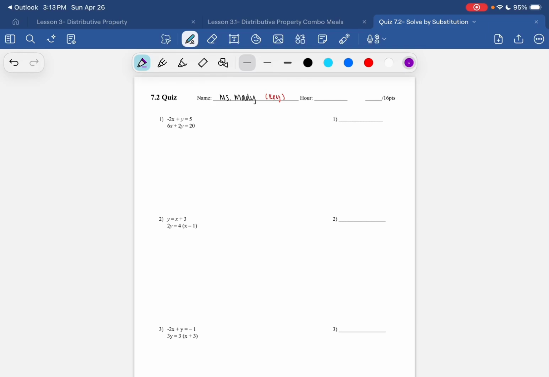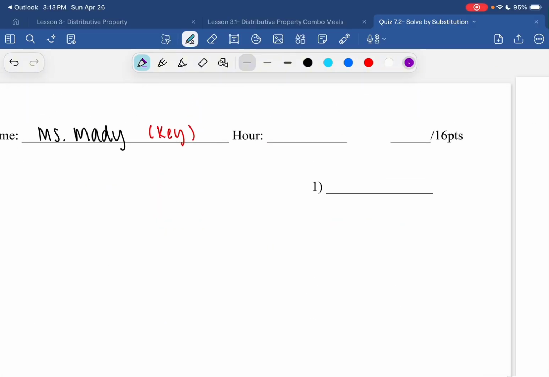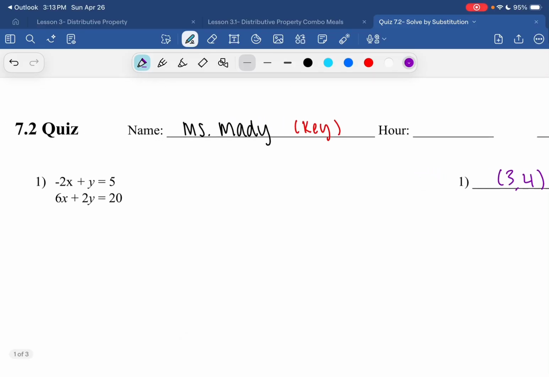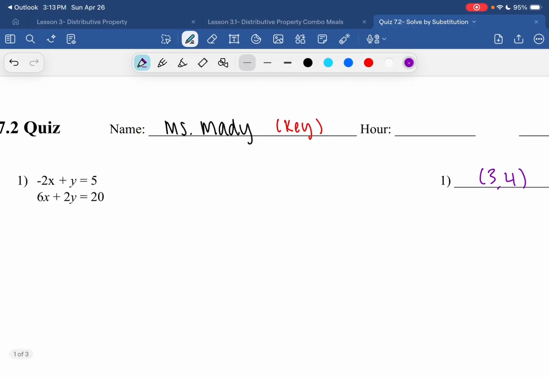And then the easiest thing I was seeing was when students were getting answers, like, say for this one, if I got 3, 4, right? I did all my work, I got 3, 4. I didn't see anyone double checking. If I would have plugged this back in, negative 2 times 3 plus 4 equals 5, I would have gotten negative 6 plus 4 equals 5.